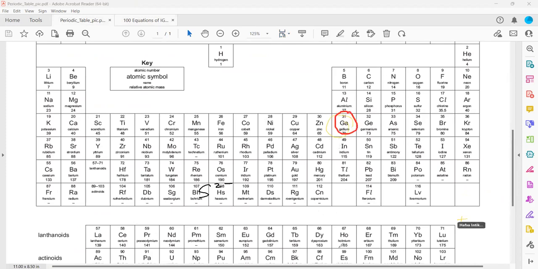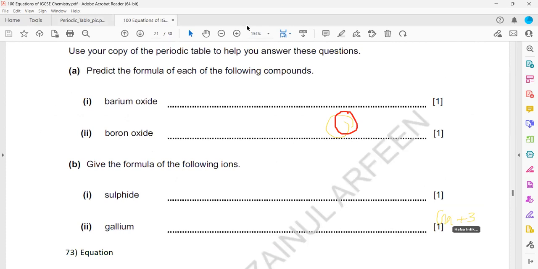So what will be the formula? Gallium is a group 3 element, not group 4, group 3. So it will be Ga3+. You can write here Ga3+, and here sulfide was 2-.